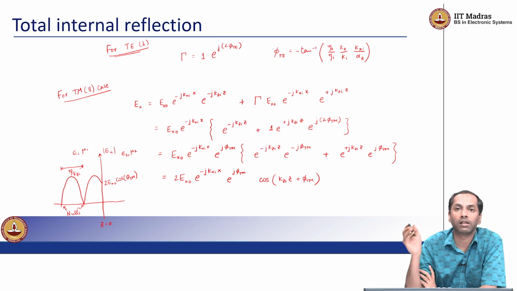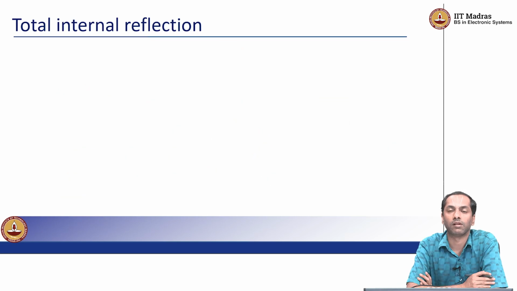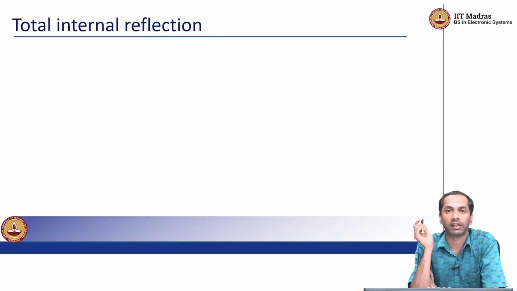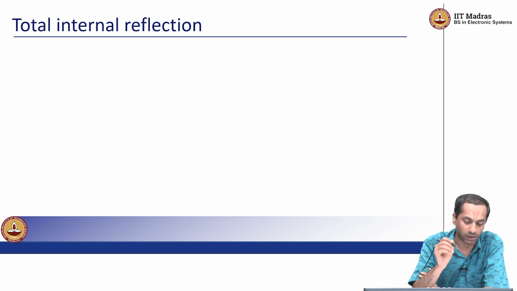So now let us take a look at what the field looks like inside the second medium. We said that the amplitude would decay in the second medium, but let's find out the exact expressions quantitatively, to find out what the electric field in medium 2 looks like.